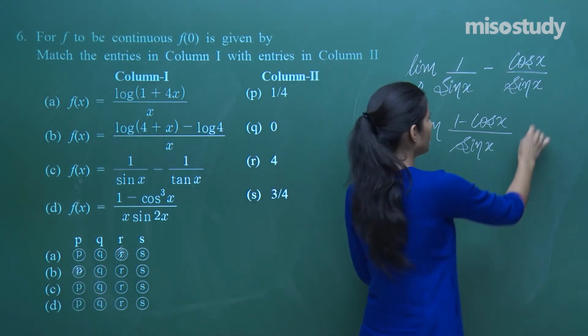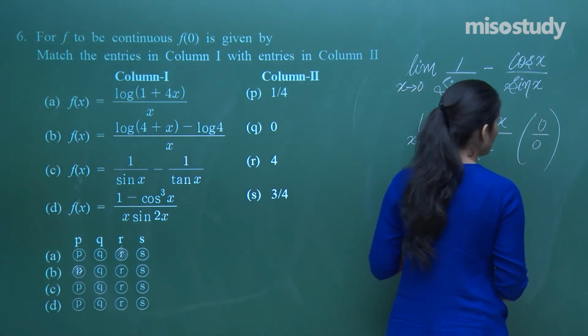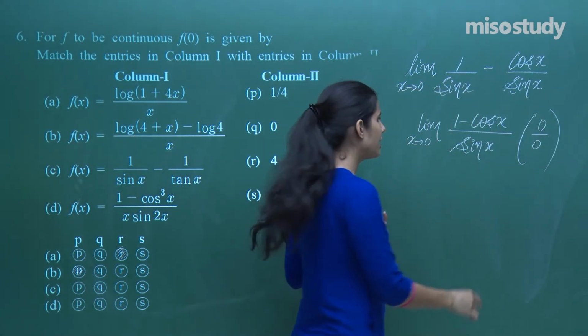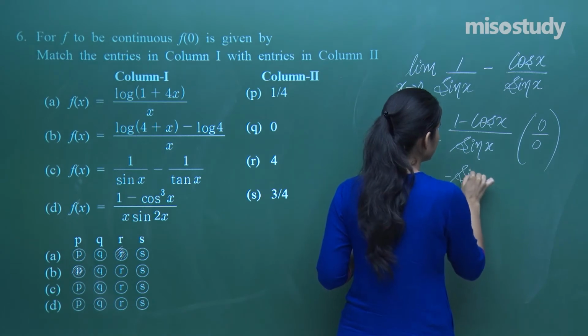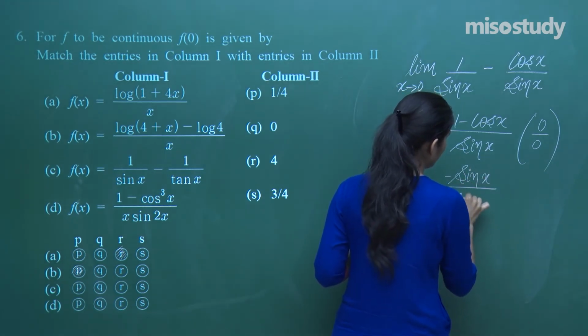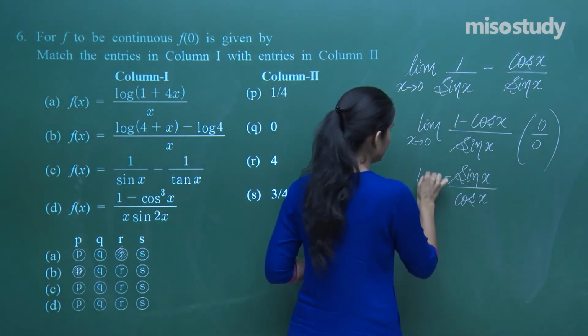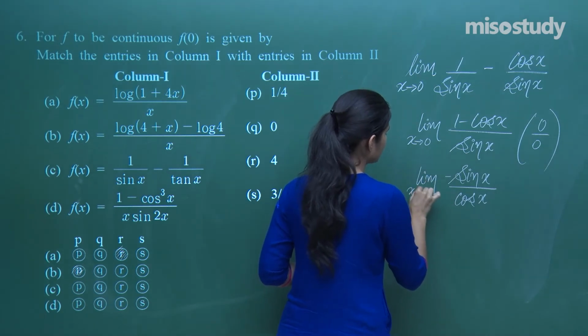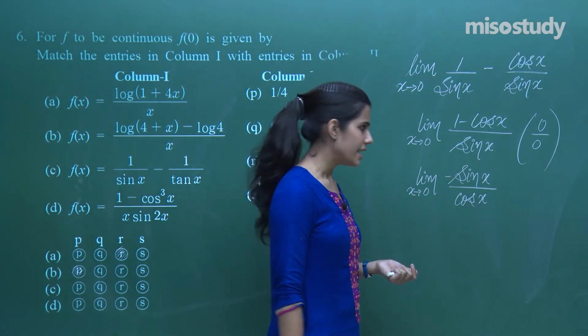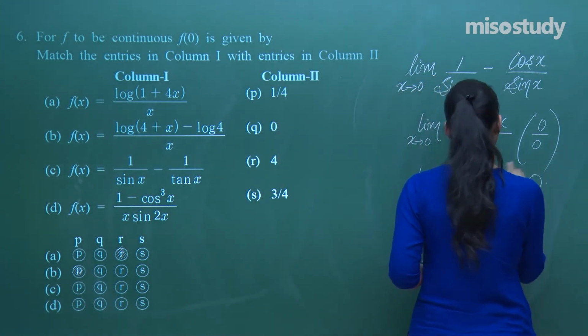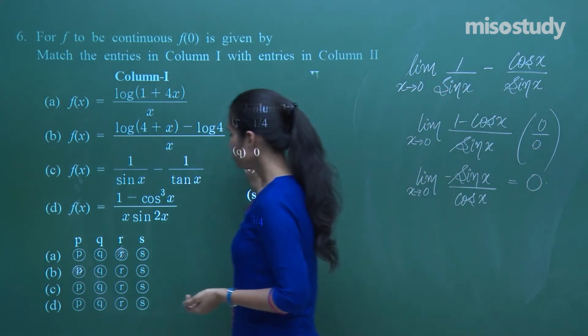You can see this is 0 by 0 form. Apply the L'Hopital rule. What is it that you have? You have minus sin x upon cos x, limit x approaches 0, and this comes out to be nothing but 0, so you shade Q.